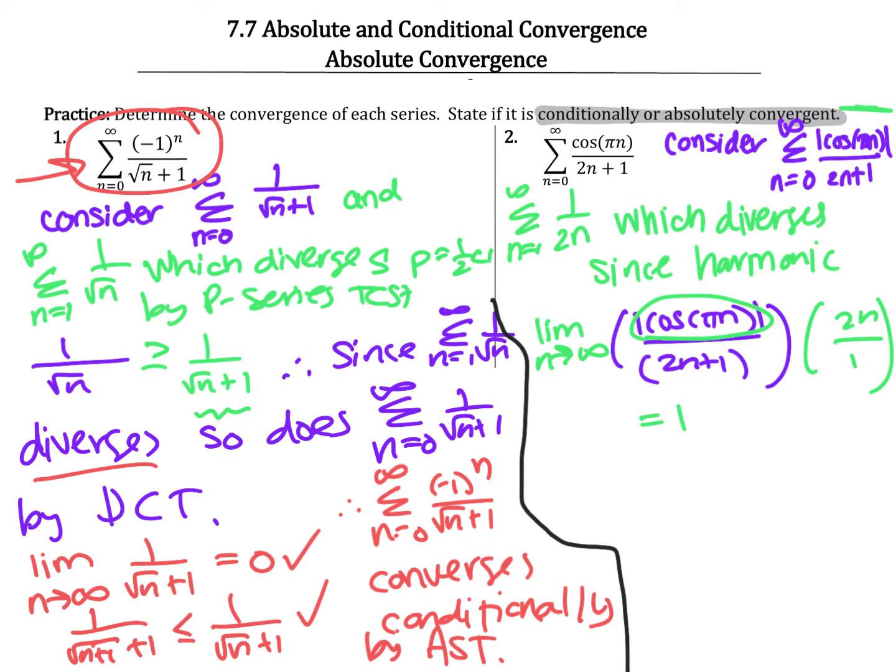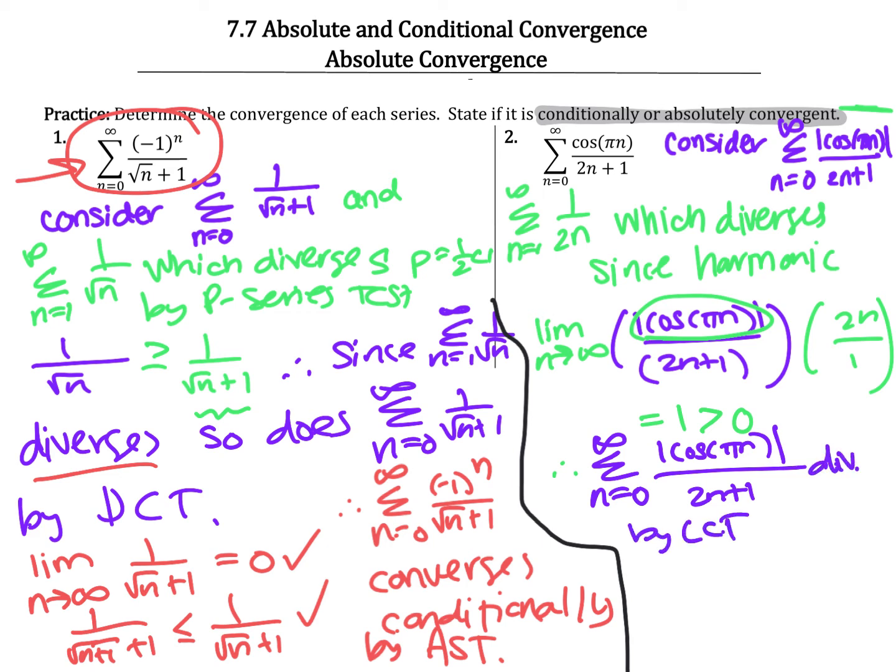That limit is going to be 1. 1 is greater than 0 and finite. Therefore, we can say our purple sum, the sum from n equals 0 to infinity of the absolute value of cosine times pi n over 2n plus 1 diverges by the limit comparison test.